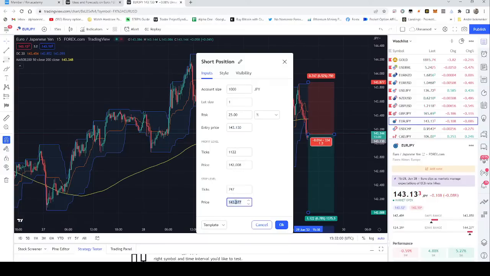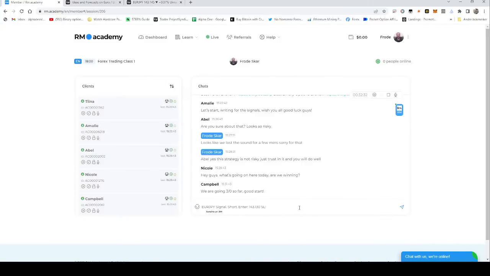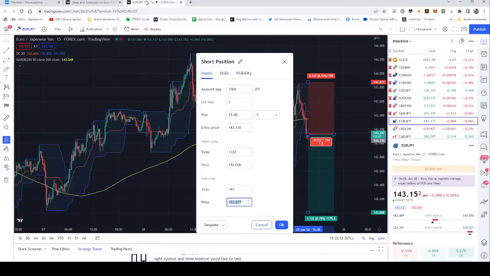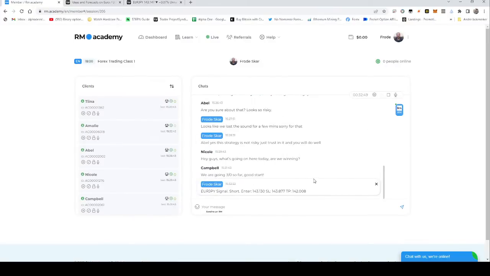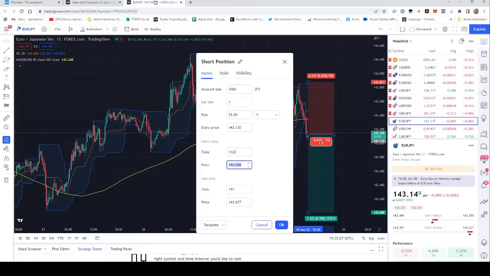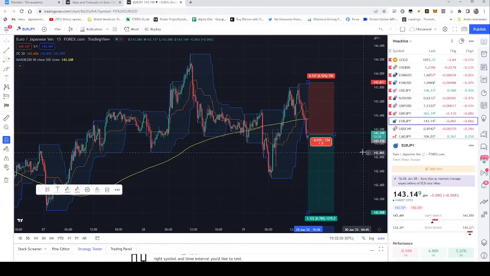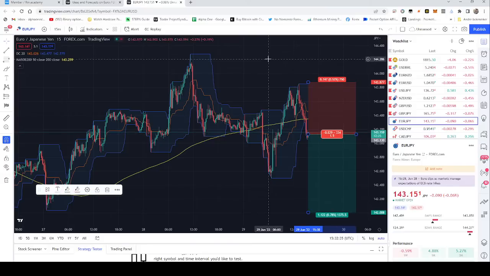We take a stop level there, we copy that, we go here, put stop loss, then we write take profit, we go back here and we copy the profit level. So, just so we have a signal also. So there you have an example for one actual trade just right now.